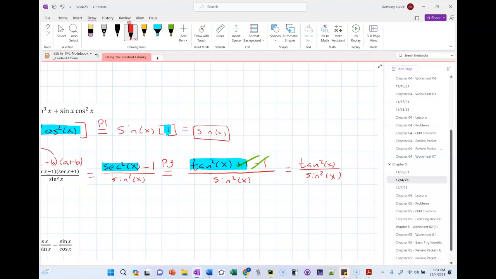Well, no. Is there anything to factor? No, just one fraction. Is there anything to combine like terms with? No. Can I reduce this fraction? No, because they're different trig functions. Can I make a common denominator? Well, there's only one fraction, Mr. Kulik. You can't do that. Okay. So nothing algebraic to do. You guys agree? Okay, let's look for an identity.